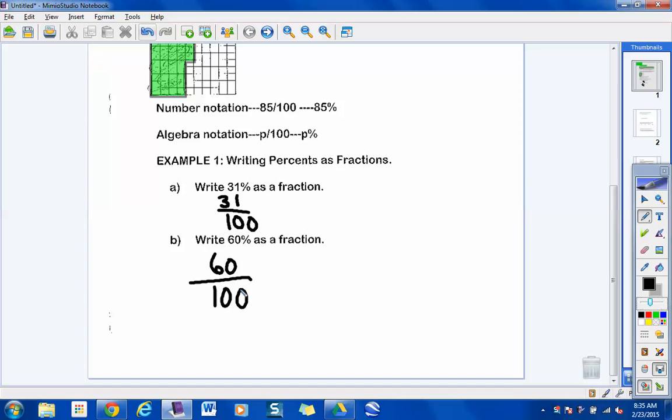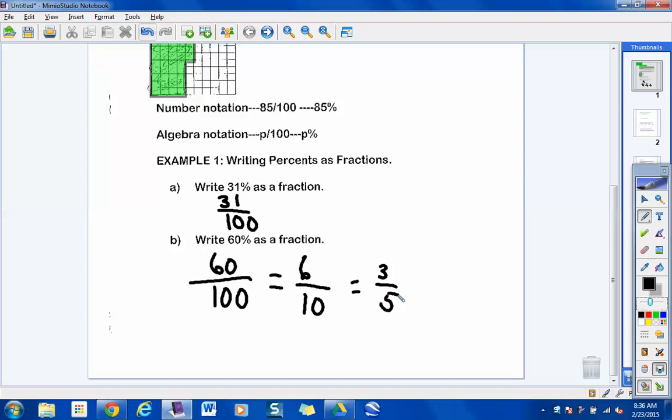How many times would 10 go in up here? 6. How many times would 10 go in down here? Okay. Then likewise, how about 6 over 10? Can that go further? To what? 3. 3 over 5. Okay.